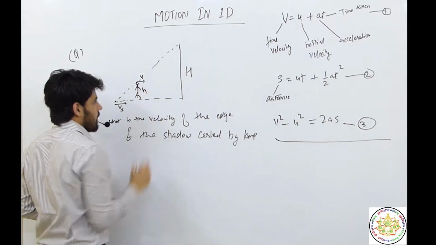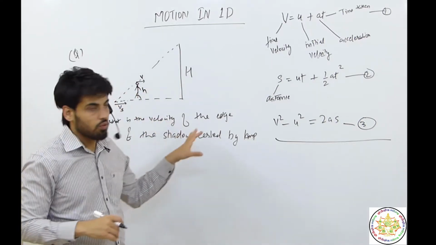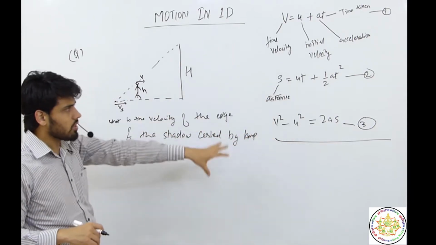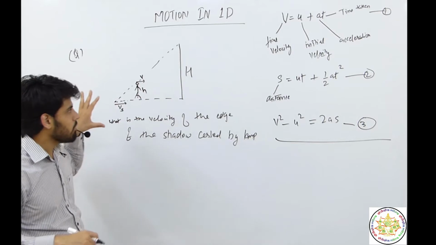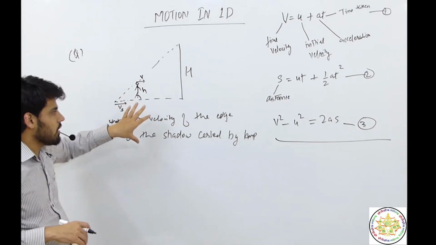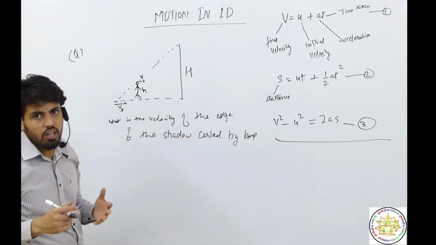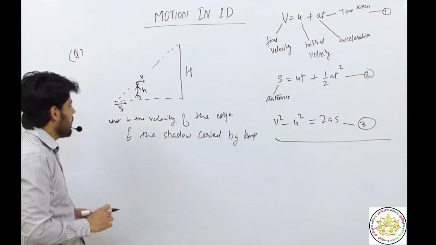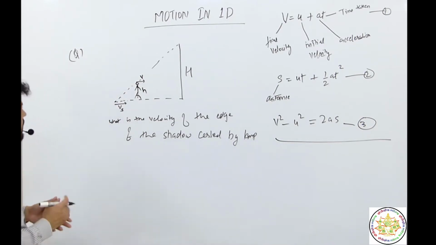So the examiner is trying to confuse you to use these equations of motion, but there is no necessity of using these equations. That is a very basic question. It looks very difficult, but it is very easy if you remember the similar triangle formulas.